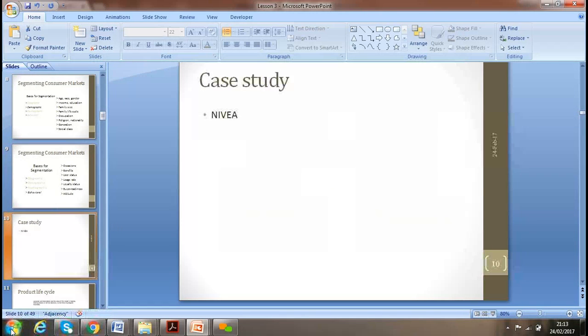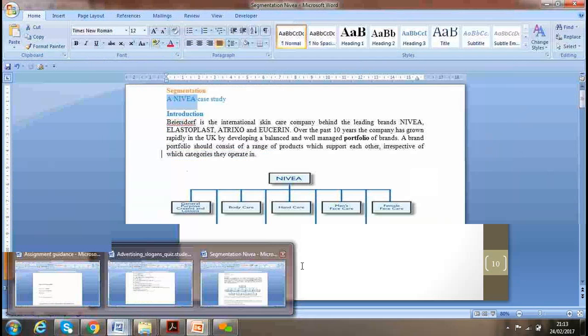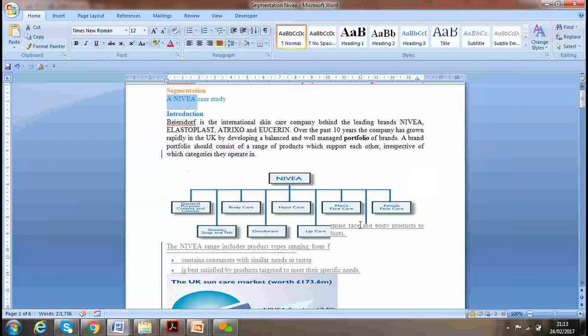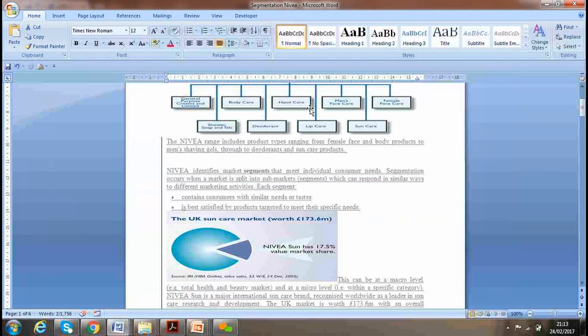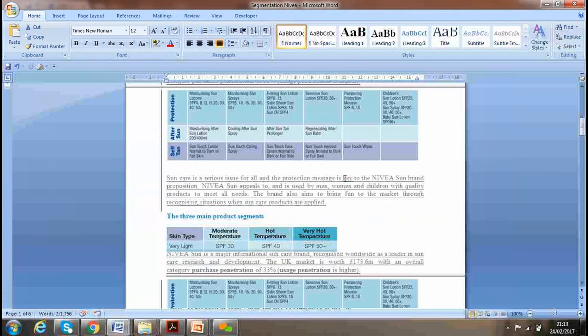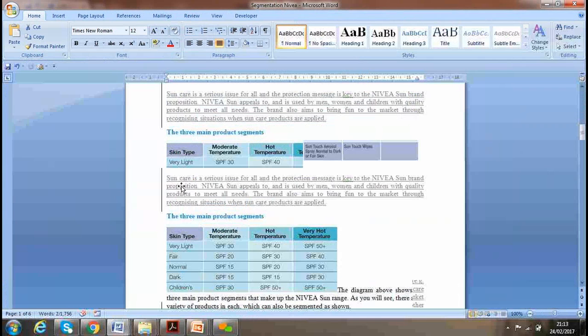To apply the knowledge, next I'm going to send you the case study, which is Nivea. Nivea products have segments as well. They have body care, hand, men's care, and face. These are different types of products, and they have segments for fair, normal, dark skin, and the texture of these, so they segment the product.